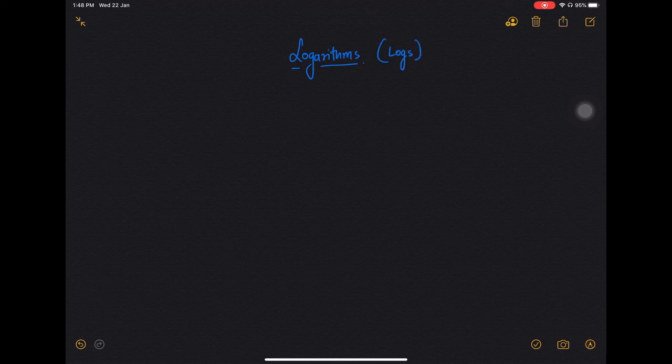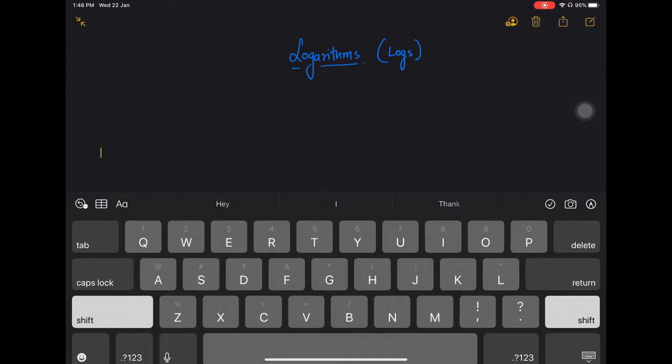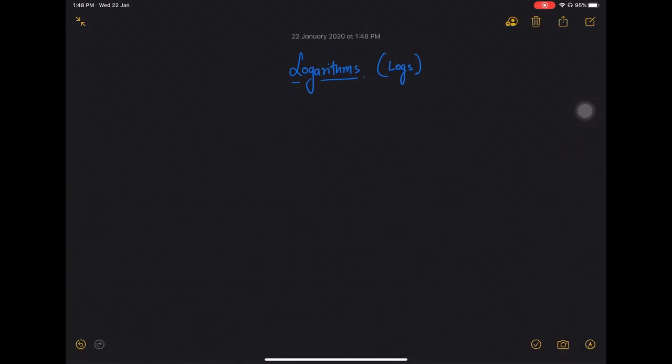Now, logs is a source of confusion for many students because we are not taught logs right from the beginning of our school. So first thing about logs that we need to know is logs are inverses of exponents. That means they do exactly opposite to what exponents do.